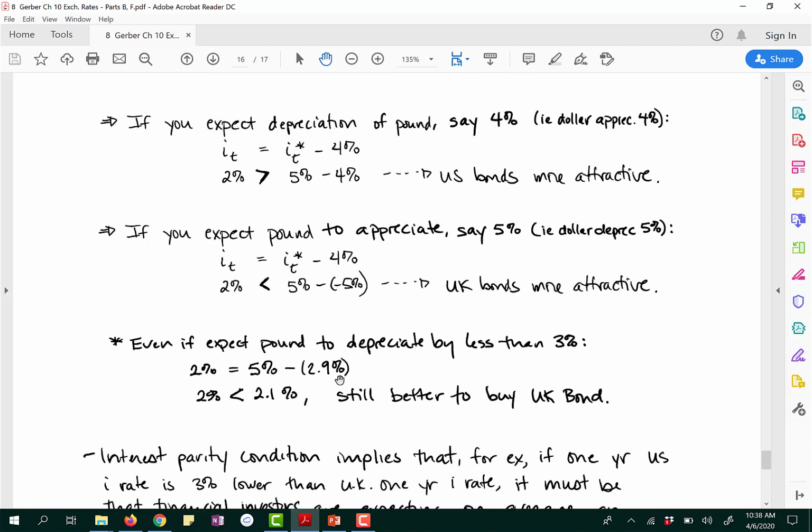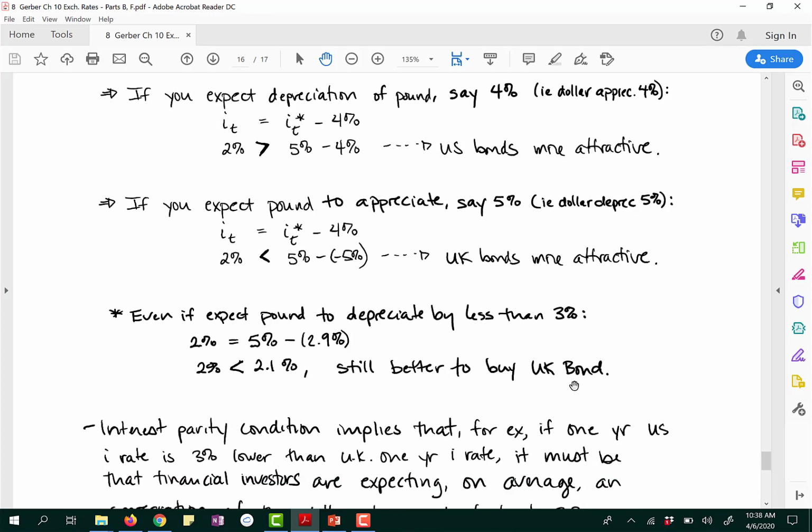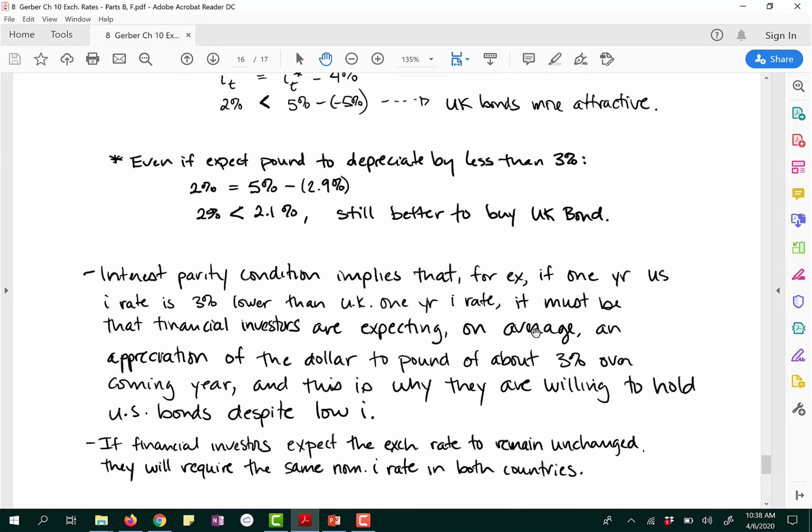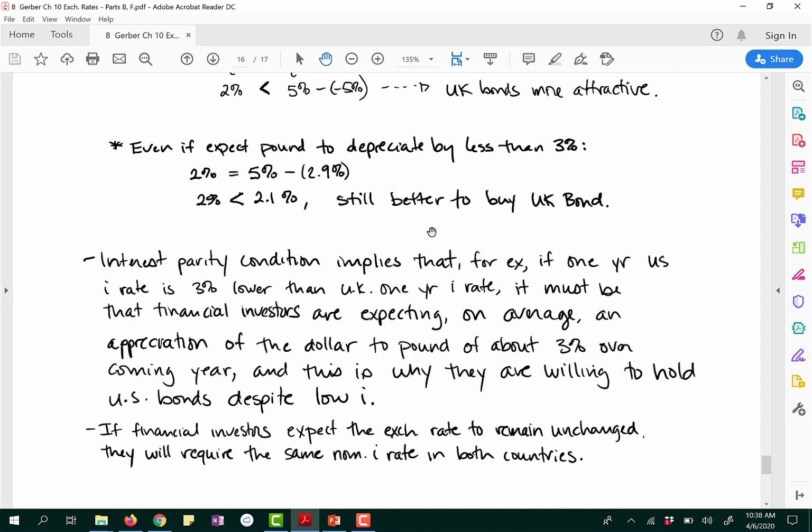So say you expect the Great British pound to depreciate by 2.9%. You're still going to have a higher rate of return by buying the UK bond in the end. As always, we are ignoring transaction costs, but in the real world, there could definitely be some transaction costs getting in the way.